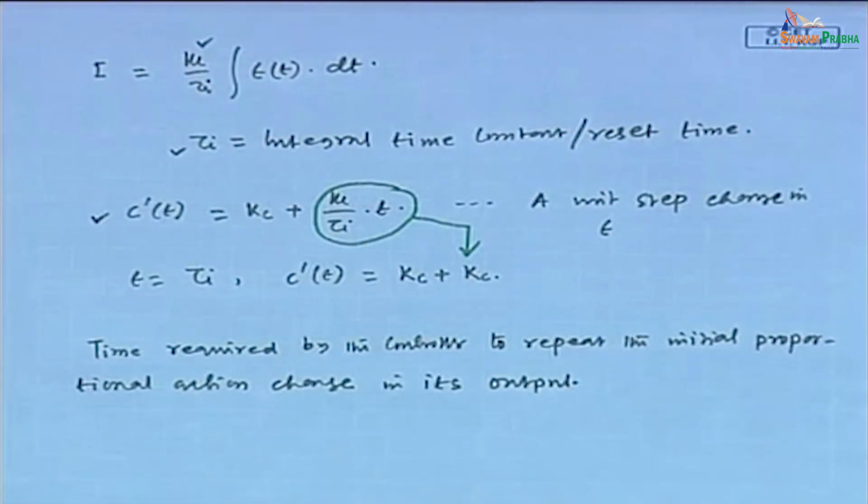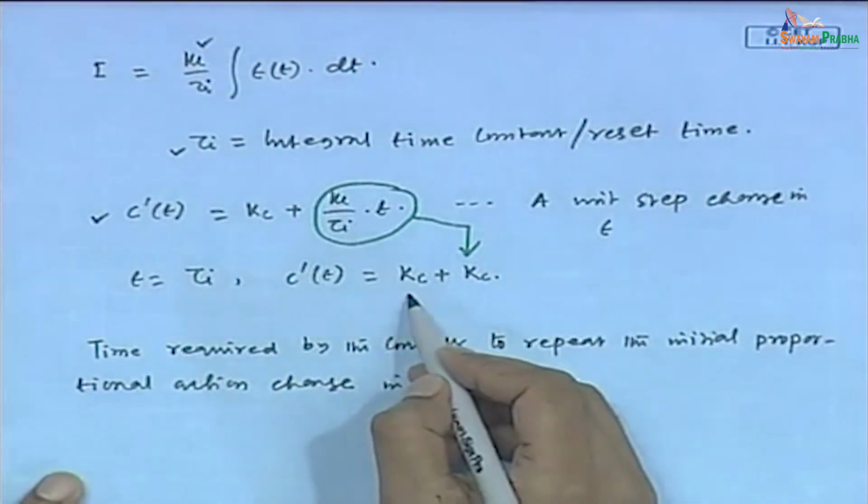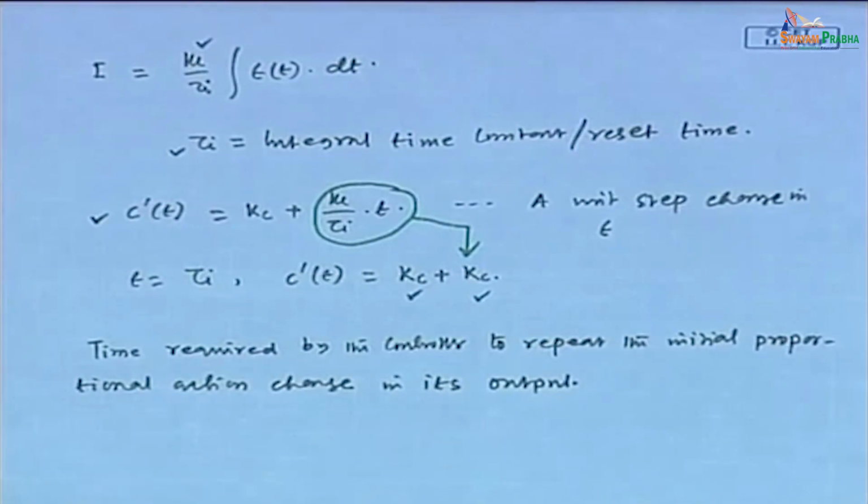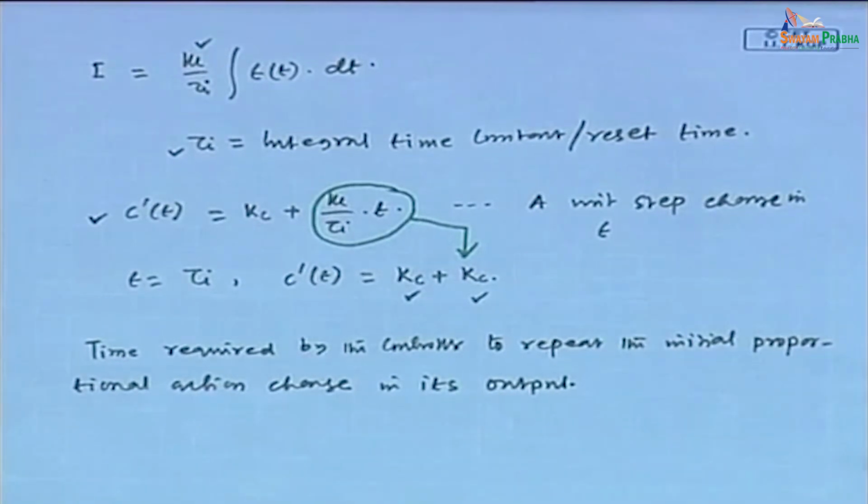You see that initially we had one proportional gain, that is Kc. Now, due to the addition of the integral term and considering time equals tau I, we are getting another proportional action, and therefore we can say that the reset time is the time required by the controller to repeat the initial proportional action change in its output. Okay, fine, thank you.